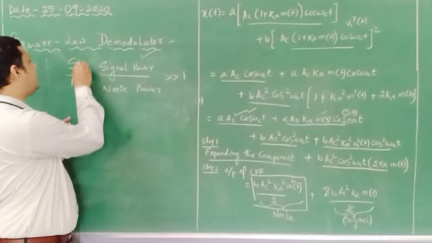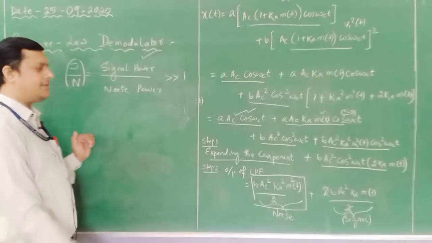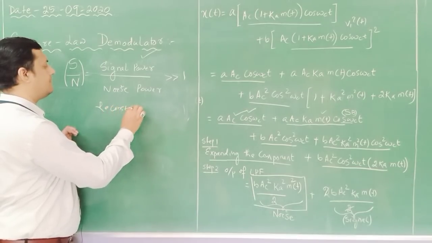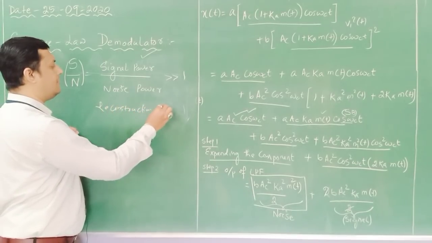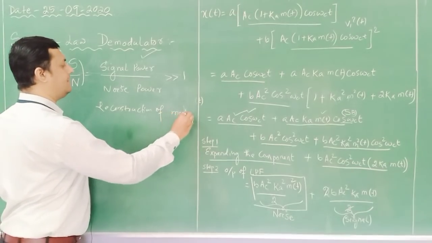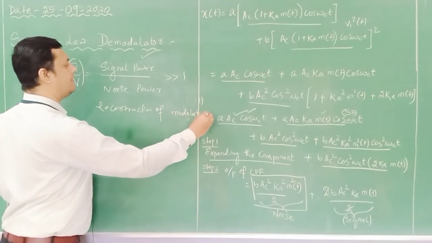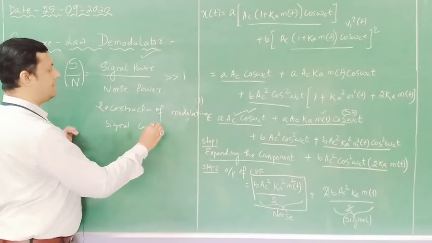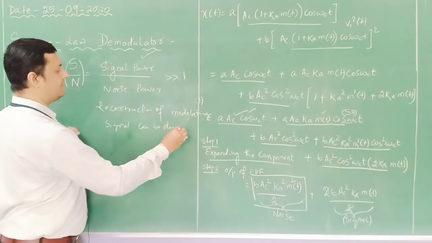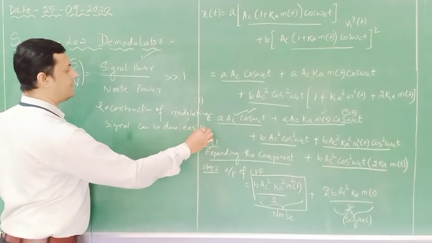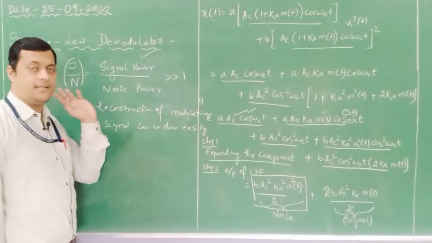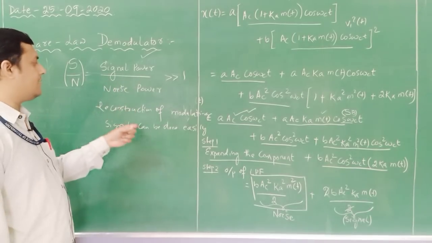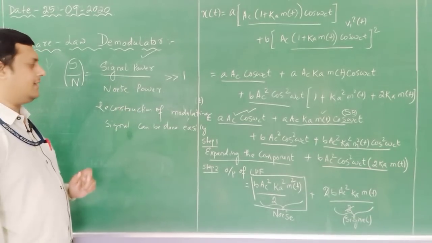So if the S by N ratio is greater than 1, reconstruction of the modulating signal can be done easily, because the signal power is more than the noise power.